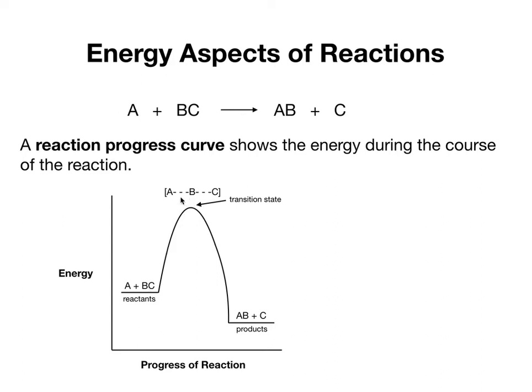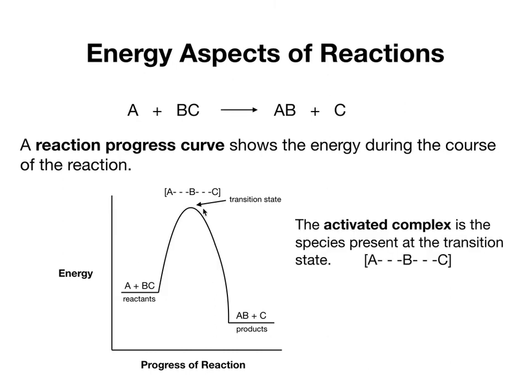At the same time that a bond between A and B is formed. So in the transition state, there is bond breaking and bond making, or bond formation, occurring at the same time. And this species here, we call it the activated complex. It is the species present at the transition state.